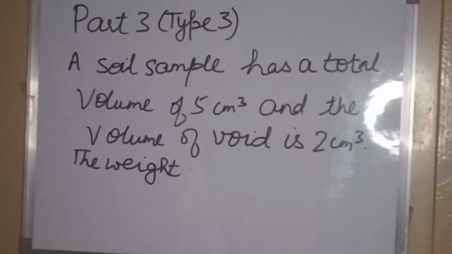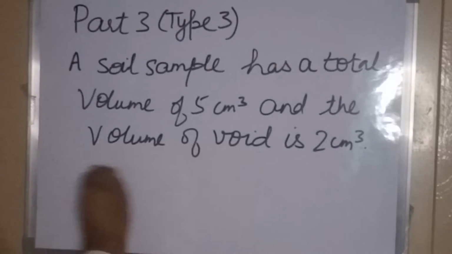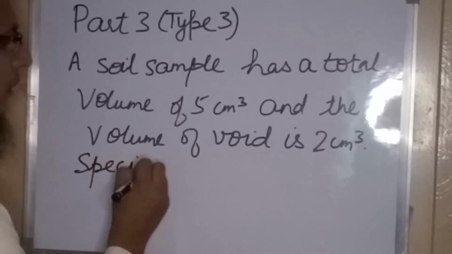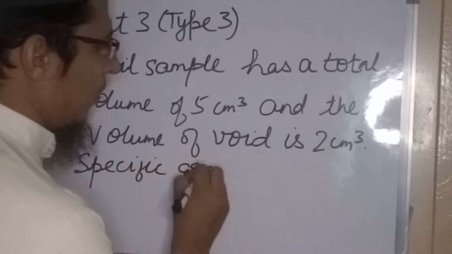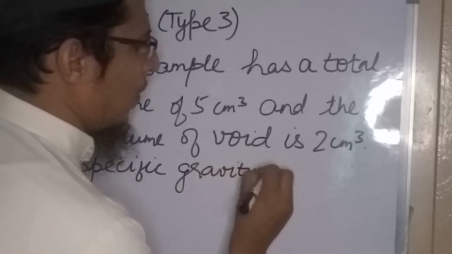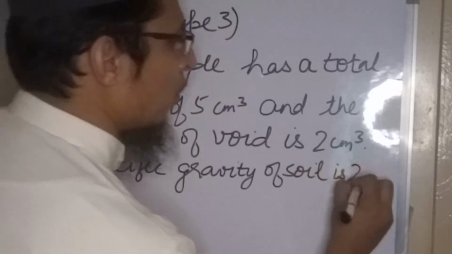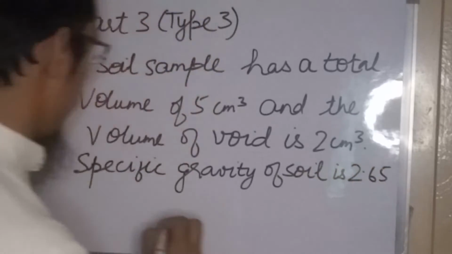Suppose specific gravity of soil is known to you. Specific gravity of soil is 2.65.